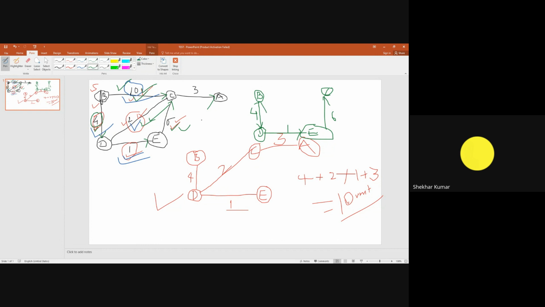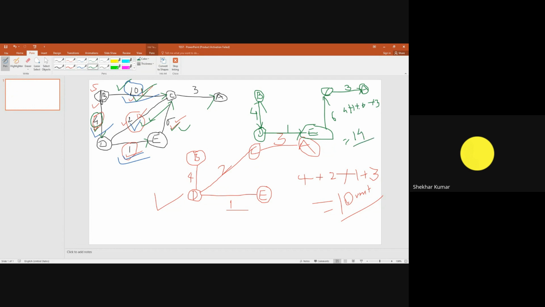Now there is only one node left, that is A, and there is only one edge associated with it, that is C to A, with a cost of 3. Now the cost is 4 plus 1 plus 6 plus 3, and the cost is 14.